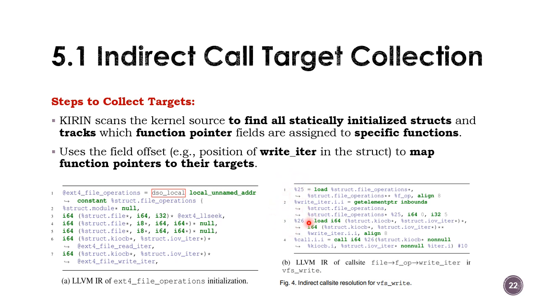Although we don't know which higher level function uses it, we can see it's basically using a higher level implementation stored in two registers to assign it to a lower level implementation function. So this is basically how Kirin reads through, or maybe compiles, the Linux kernel source code to target the indirect calls in the source code.